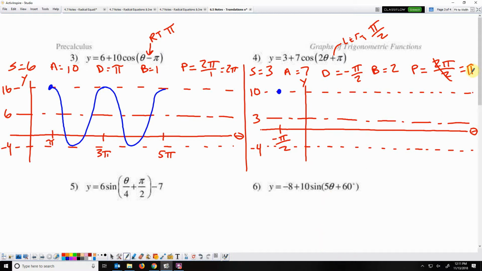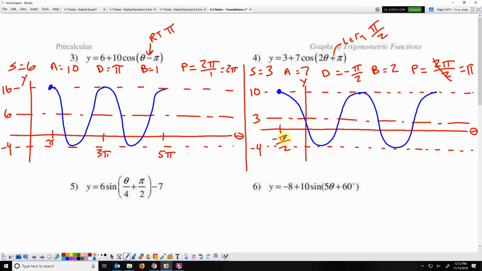The period is pi, which means that I need to be repeating pi units after this. Negative 1/2 pi plus pi is positive 1/2 pi. So when I get back to the top, I'm going to be at 1/2 pi. And then, so there's one cycle, and then one more cycle puts me right there.